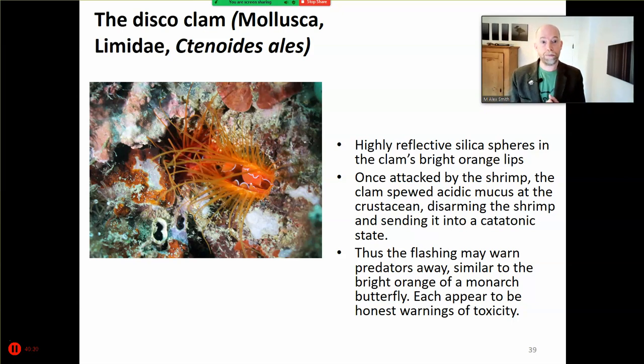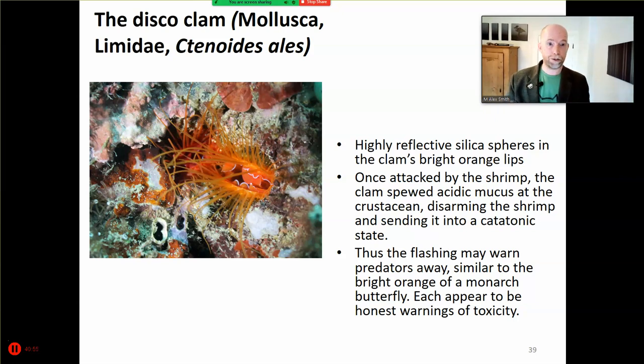So it's not about communication intra-specifically for sex. It's not so much about attracting potential prey items, but it's about telling predators that it's like a red warning signal, or like the coral snake. It's a signal that I'm an unpalatable thing.